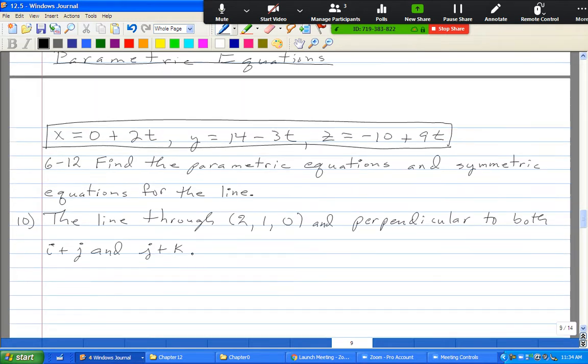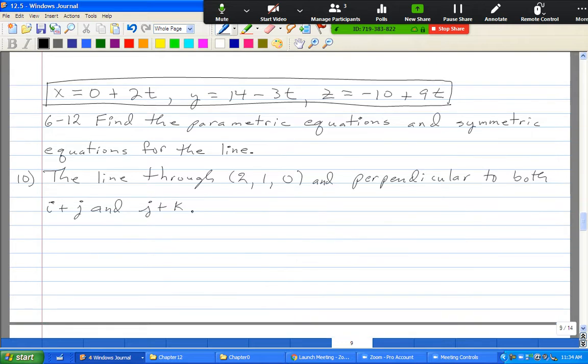So, in exercises 6 through 12, find the parametric equations and the symmetric equations for the line. So let's do problem number 10. The line through the point 2, 1, 0 and perpendicular to both of these vectors, i plus j and j plus k.